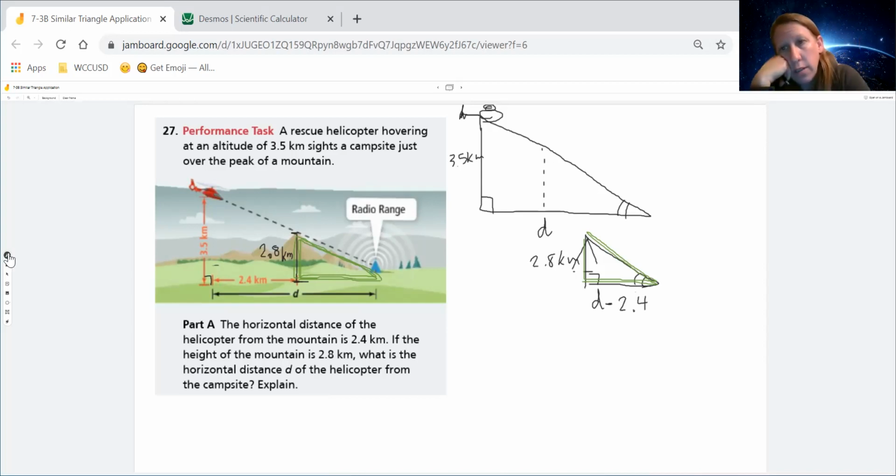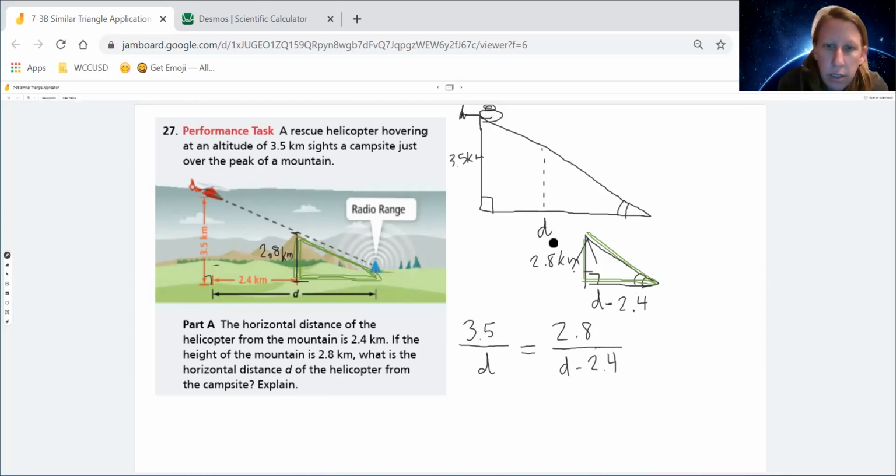All right, it's kind of annoying. There's decimals and there's two variables, but we can handle this, especially if you're good at your algebra. I'm going to do it the other way actually. 3.5 is to D, the same way that 2.8 is to D minus 2.4.